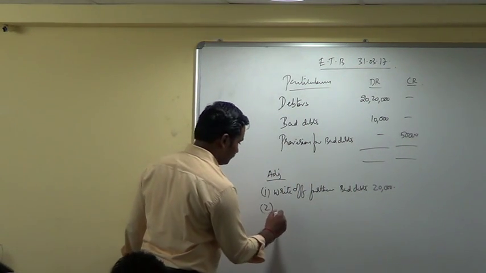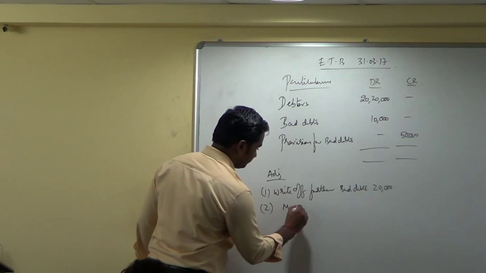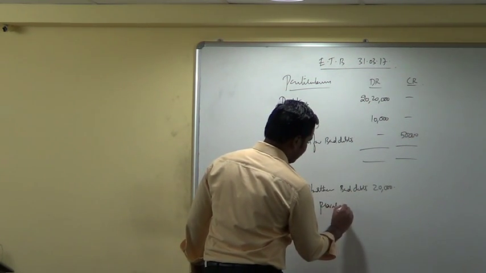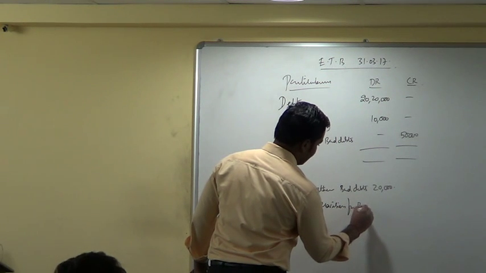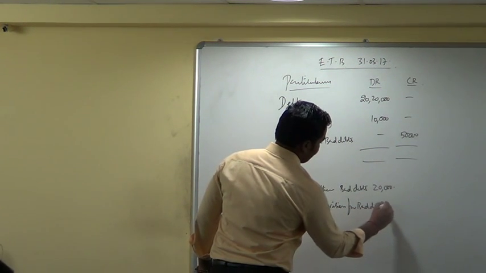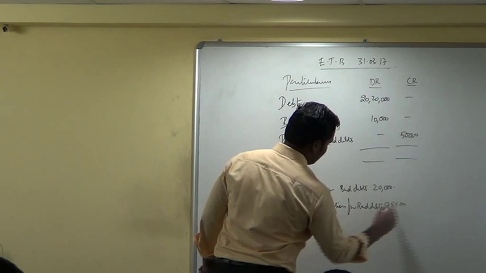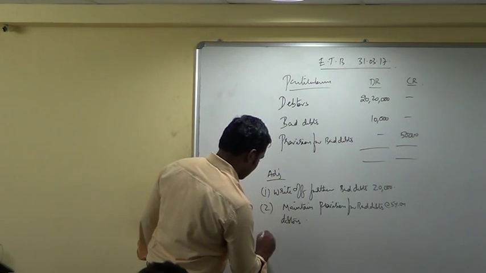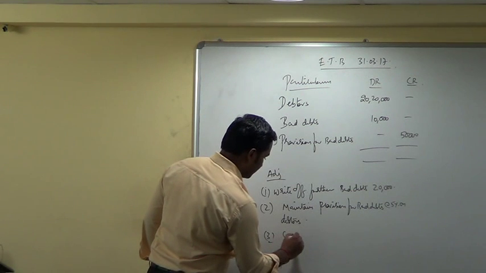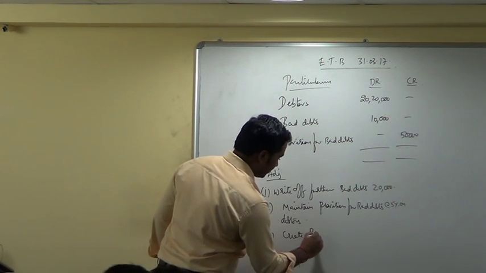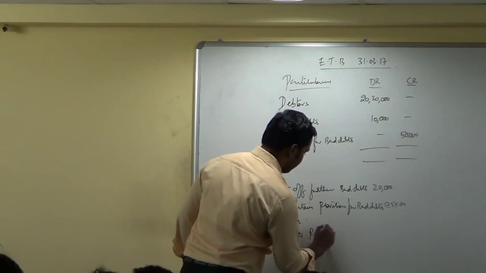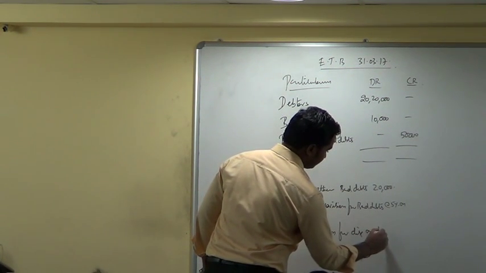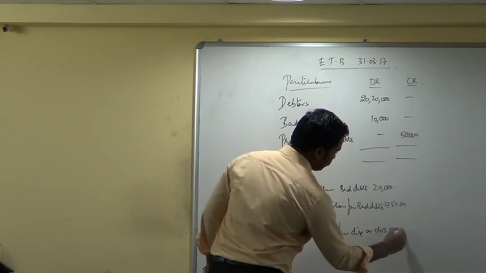Second adjustment: maintain provision for bad debts at the rate of 5% on debtors. Create provision for discount on debtors at the rate of 2%.